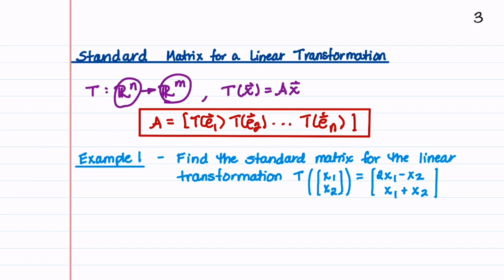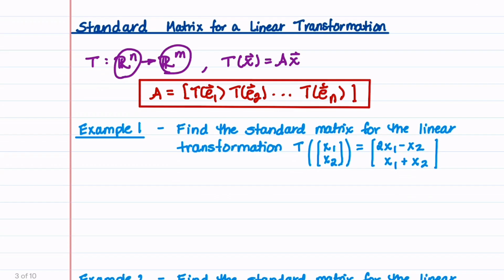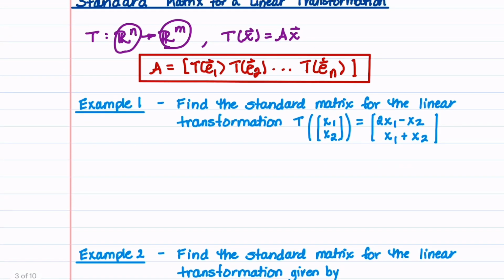Let's now look at two example problems. For our first example, we're asked to find the standard matrix for the linear transformation given here. Our standard matrix is A from T of x is equal to A times x. So what we need to do for this problem is break apart the transformation into an A times an x.